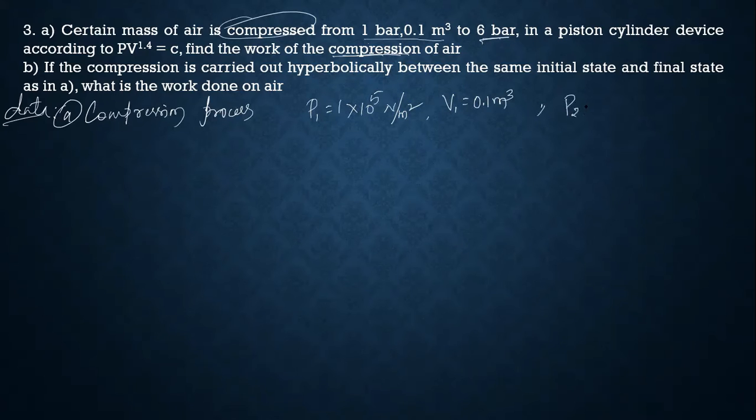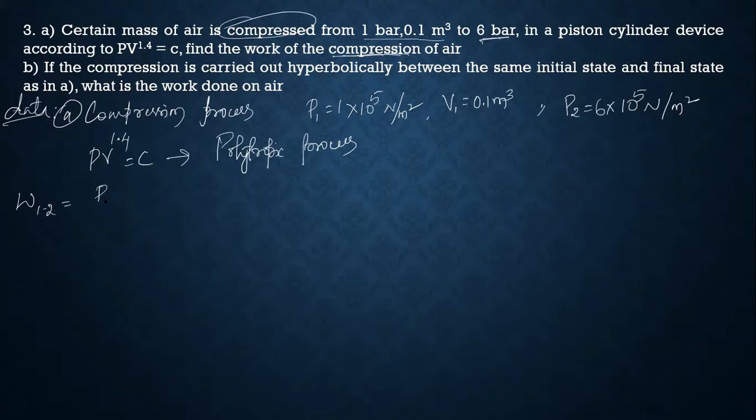The final pressure is 6 bar, that is P2 is 6 into 10 to the power of 5 Newton per meter square. In a piston cylinder device, according to the law, PV to the power of 1.4 is equal to constant. Based on this, I will tell the process is a polytropic process. And you know that for a polytropic process, work done is P2 V2 minus P1 V1 divided by 1 minus n.